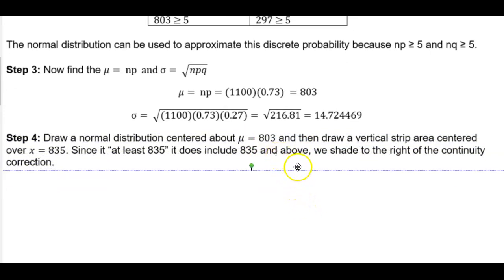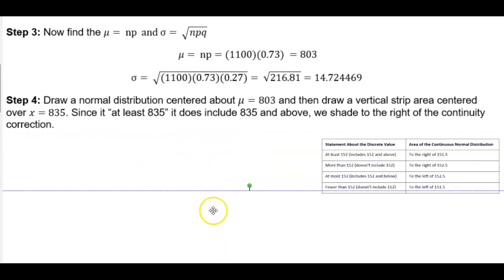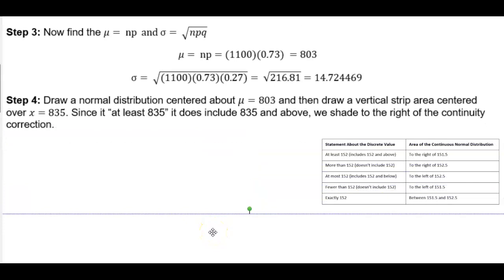Now in step 4, we want to draw a normal distribution that's centered about the mean of 803, and then draw a vertical strip area centered over x equals 835. Since it is at least 835, it does include 835 and above, so we shade to the right of the continuity correction. So let's draw the bell curve, and make sure that we label our mean.